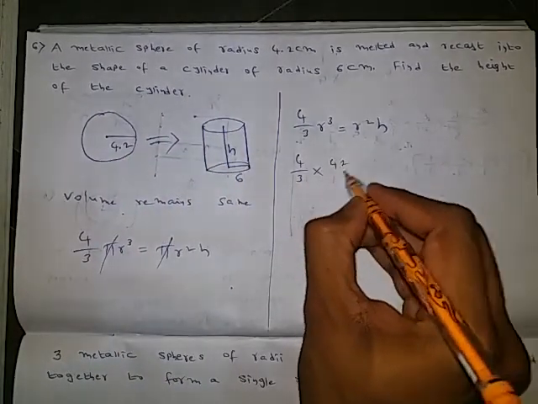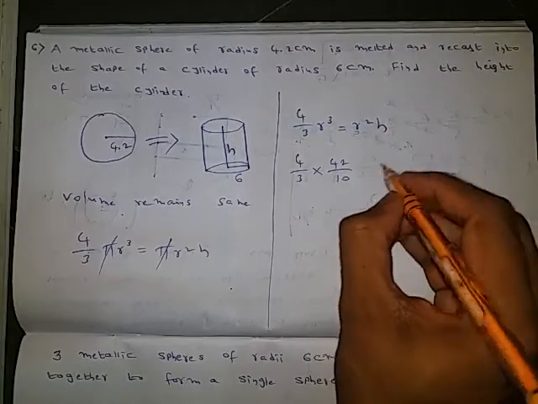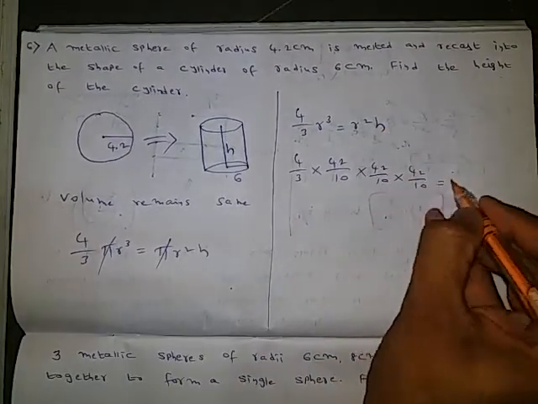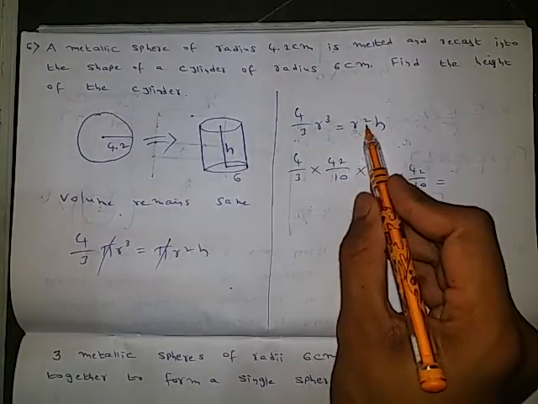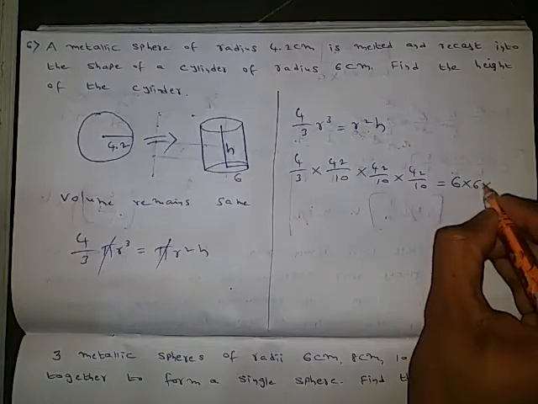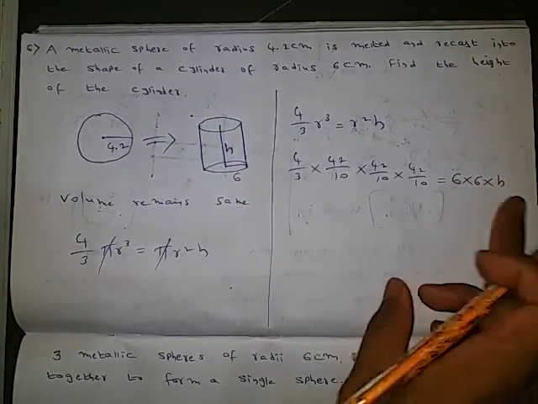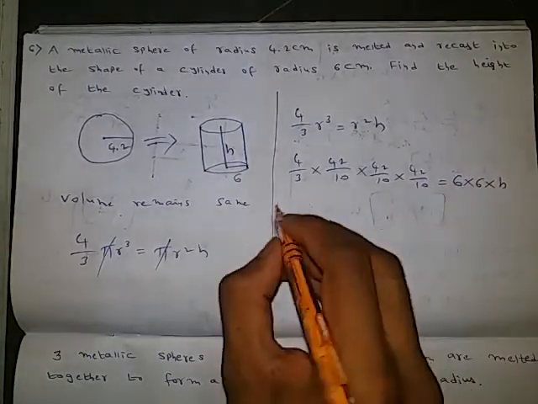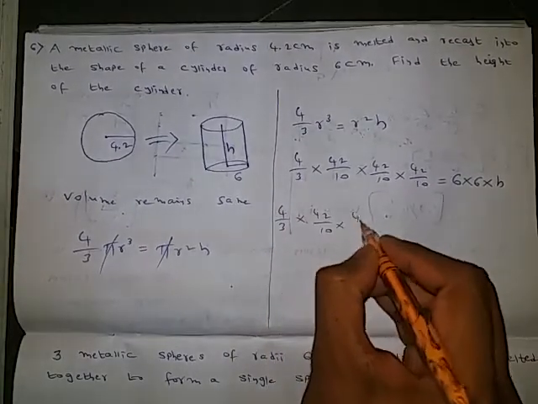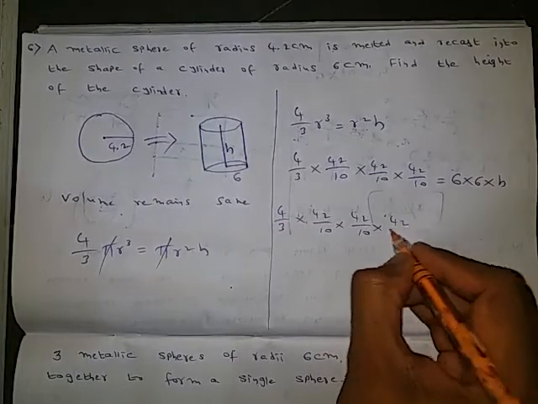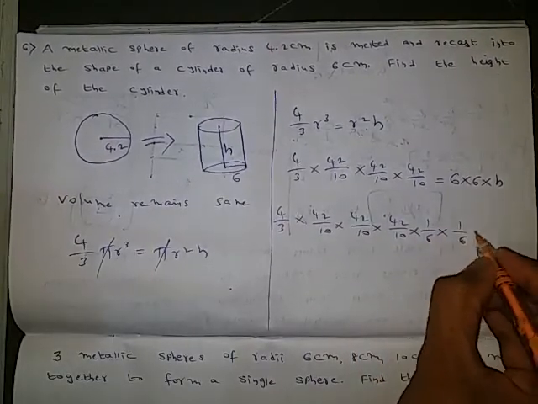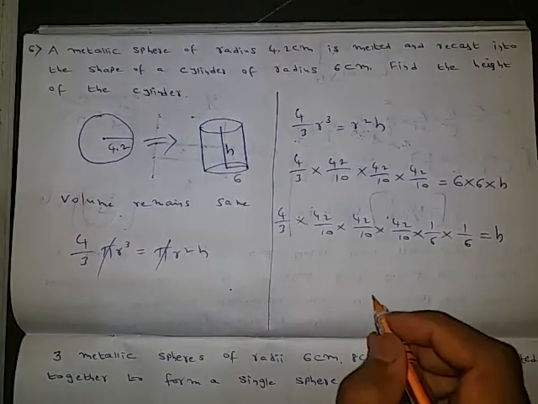So 4.2 can be written as 42 by 10 into 42 by 10 into 42 by 10 is equal to r square. Radius of the cylinder is given as 6. So 6 into 6 into height. We want height, so bring everything to one side. 4 by 3 into 42 by 10 into 42 by 10 into 42 by 10 into 6 will become 1 by 6, 6 will become 1 by 6, which is equal to h.